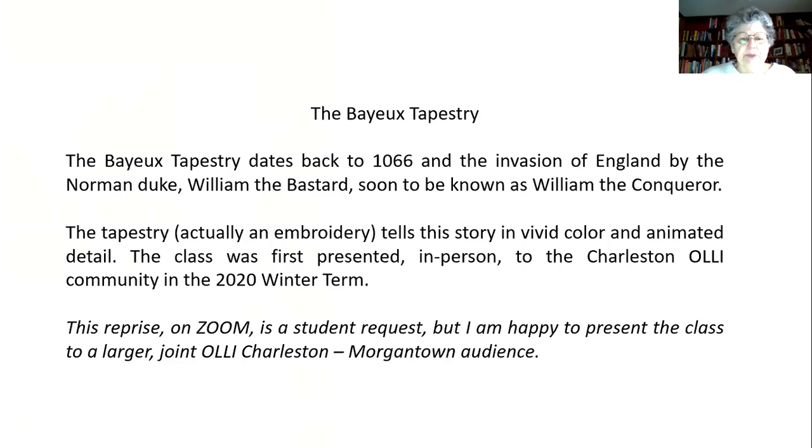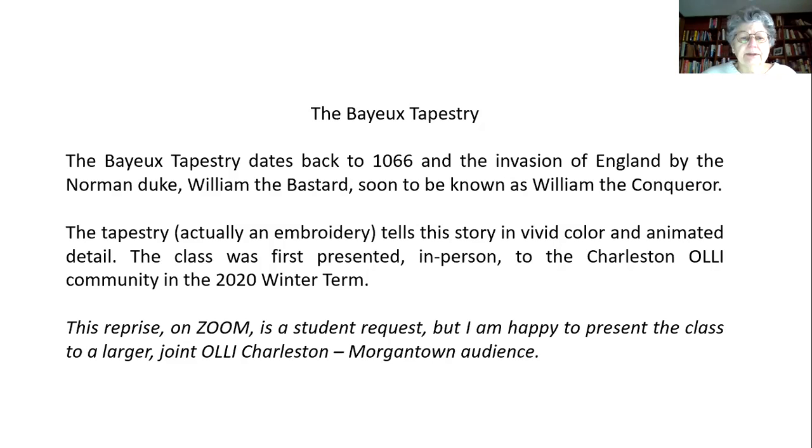It's called a tapestry, but it's actually an embroidery. It is very, very long, but narrow, and it tells a fascinating story, and it's kind of like a cartoon strip in a way. And so it's very animated, very vivid in the colors, surprisingly so when you consider that it's 1,000 years old, pretty much.